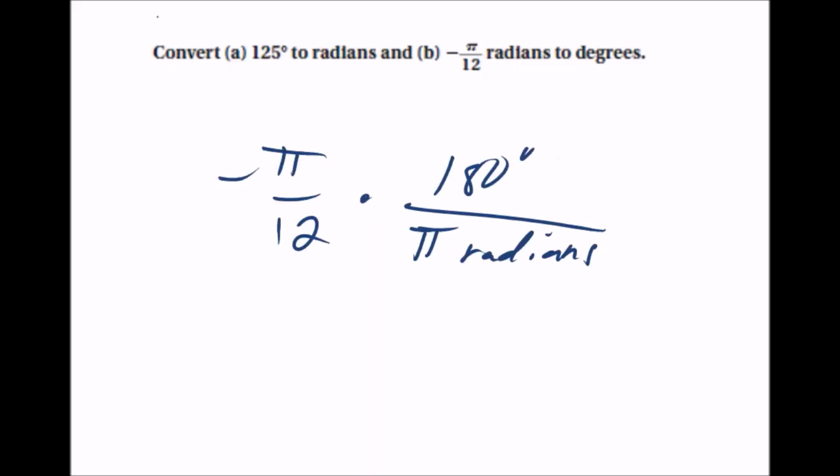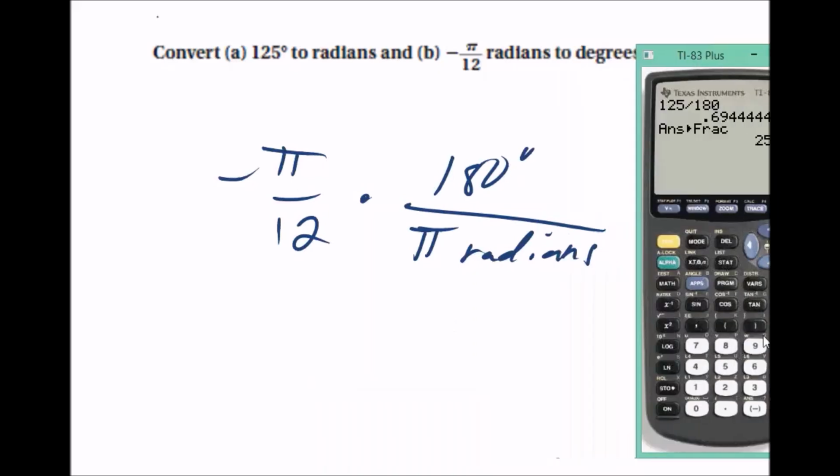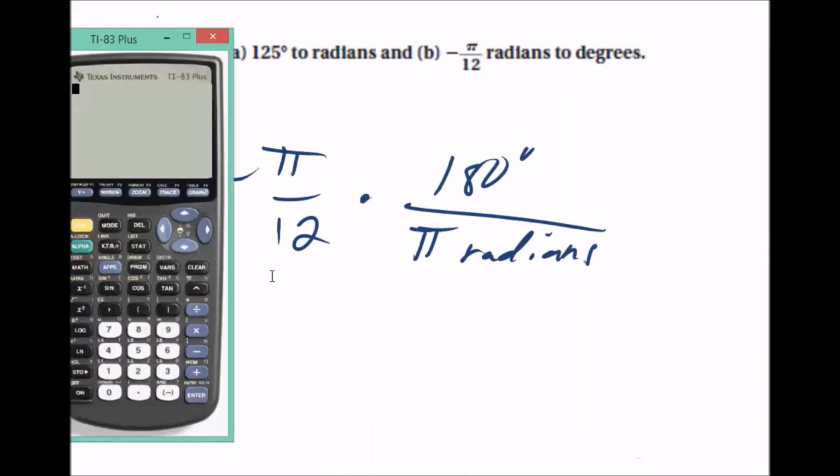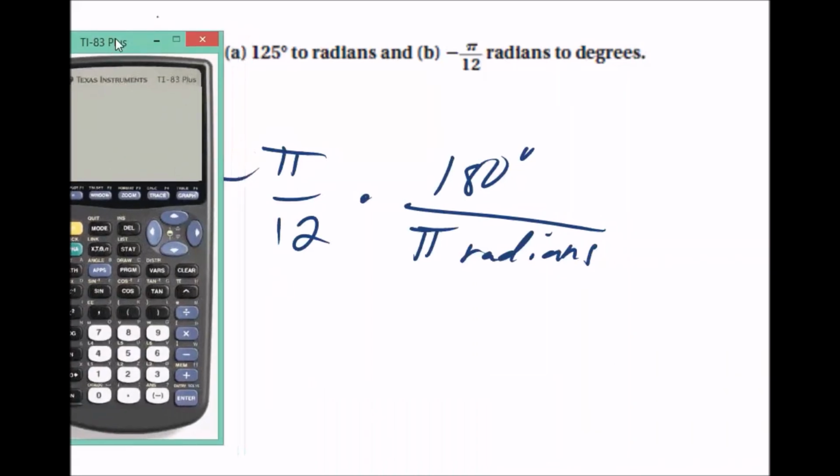Let's go ahead and multiply that out. We can use the calculator if we want. It's just 180 times pi on the top.